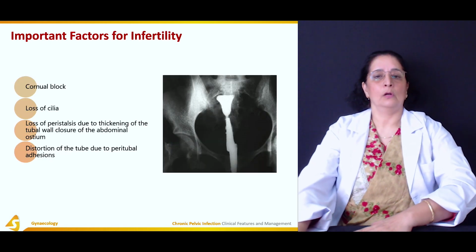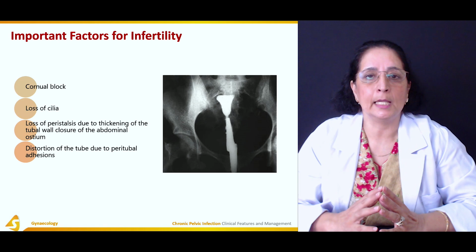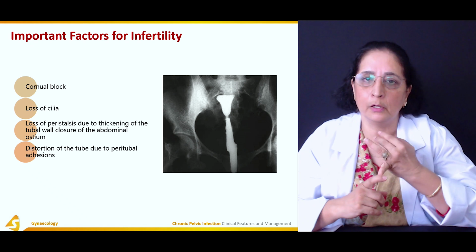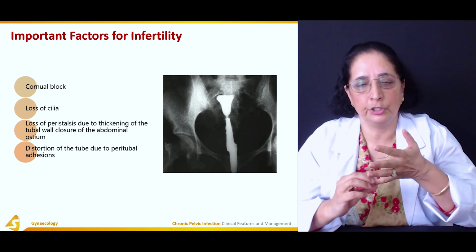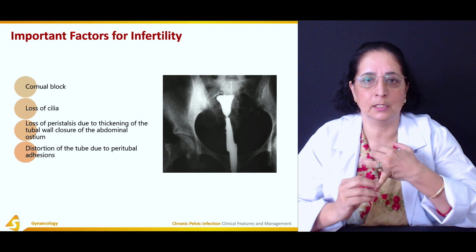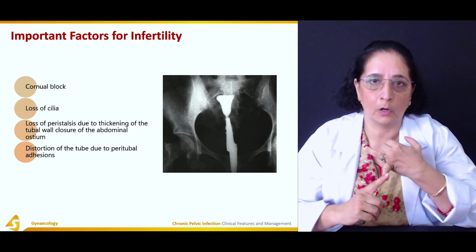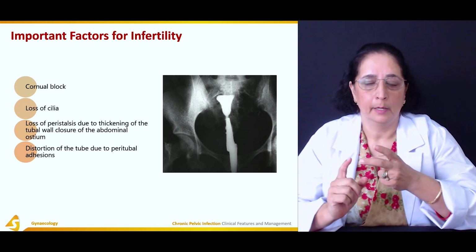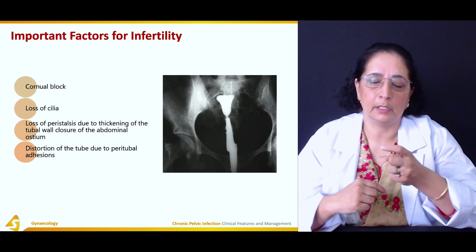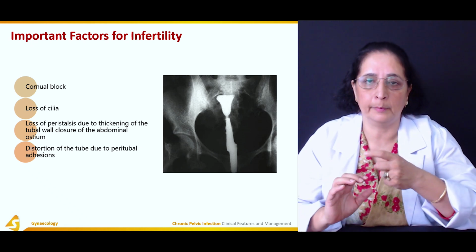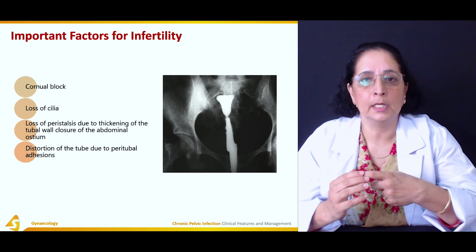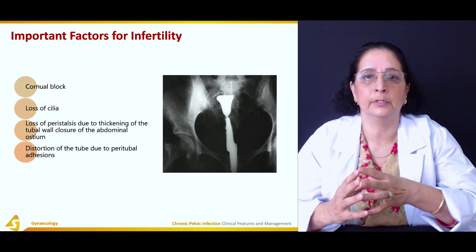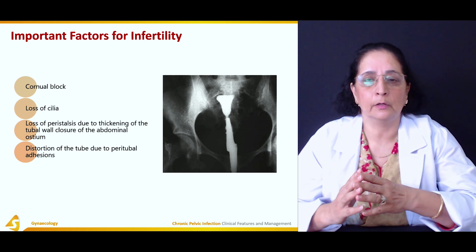So the four main causes of infertility as a result of chronic pelvic infection are: one, the cornual block. Cornua is the portion where the fallopian tube attaches to the uterus. Then there is loss of cilia, which are hair-like projections, loss of peristalsis, which are the wave-like motions that push the ovum towards the uterus, and then distortion of the normal shape of the fallopian tube as a result of peritubal adhesions.